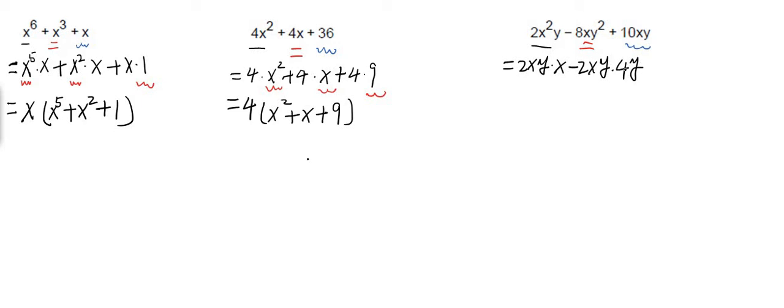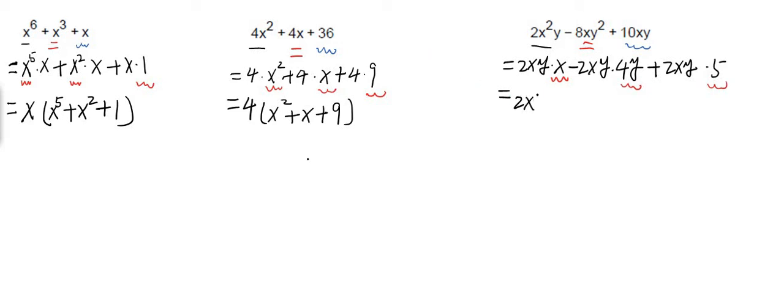Here's a y, here's another y. And for the last term, 2xy, and we have 10 can be written down as 2 times 5, right? So we have the left terms is x, 4y, and 5.